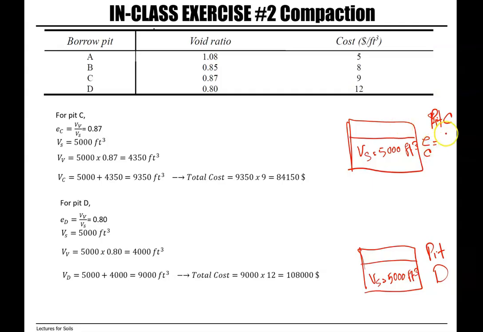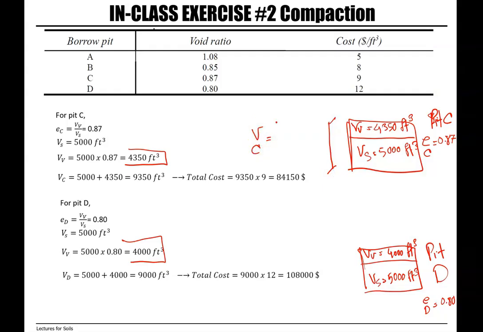Void ratio in pit C is 0.87. For D is 0.80. We do the calculation for volume of void. Here it's going to be 4,350 cubic feet. And here it will be 4,000 cubic feet.